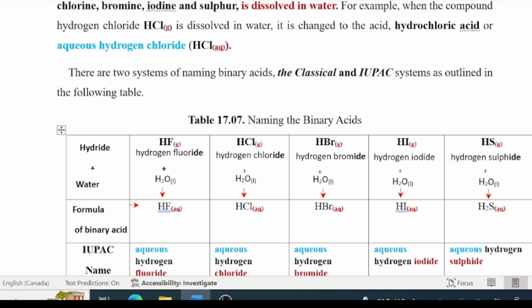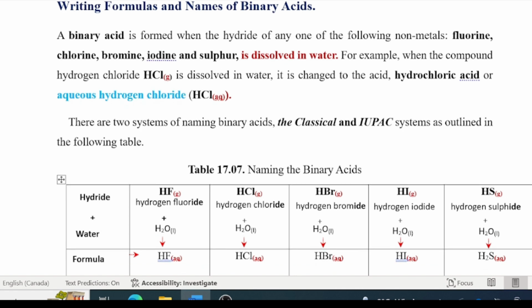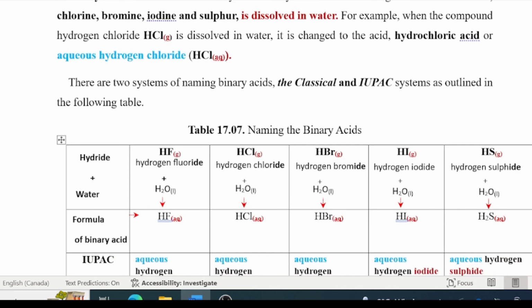Like we said, when one of these hydrides dissolves in water, the corresponding binary acid is formed. For example, the hydride of fluorine is called hydrogen fluoride, for chlorine, hydrogen chloride, for bromine, hydrogen bromide, iodine, hydrogen iodide, and H2S, that's called hydrogen sulfide.